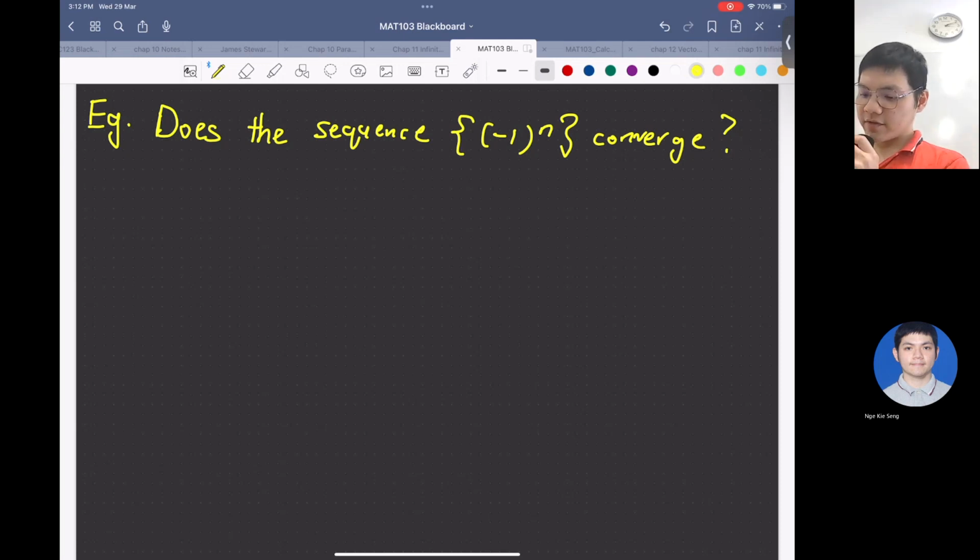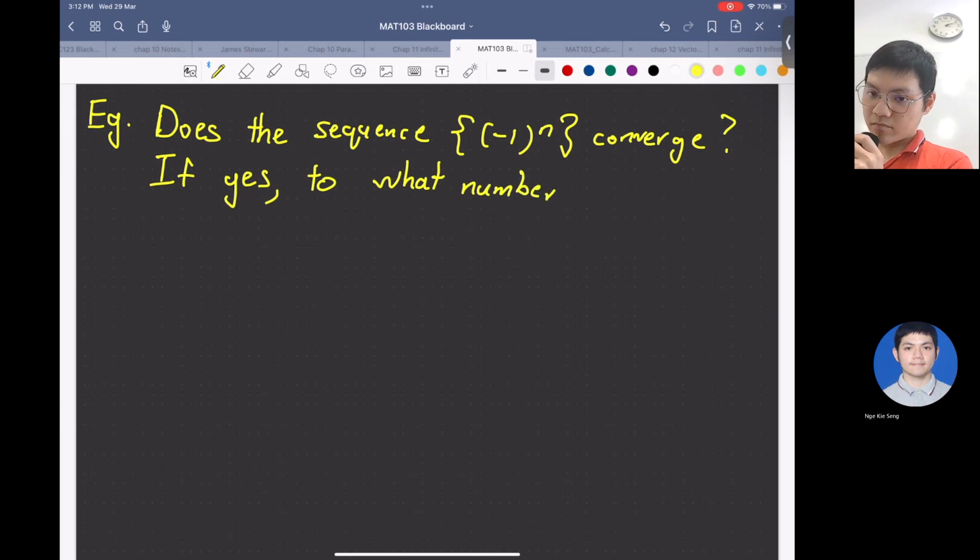If it converges, to what number? Try and figure out whether this sequence converges or not.